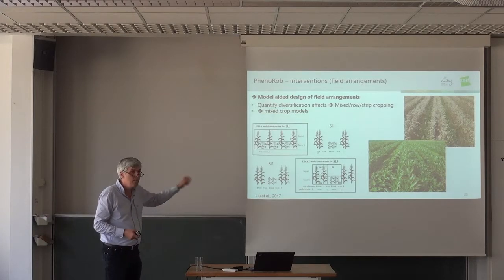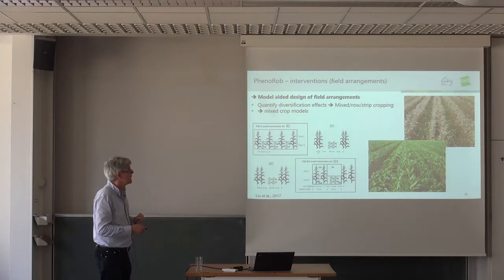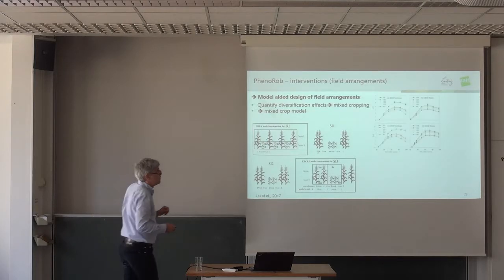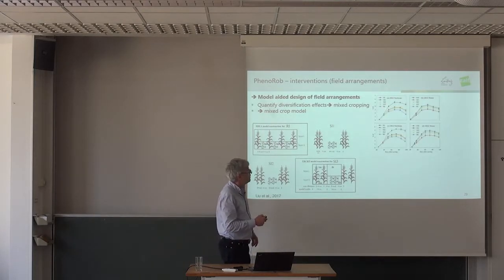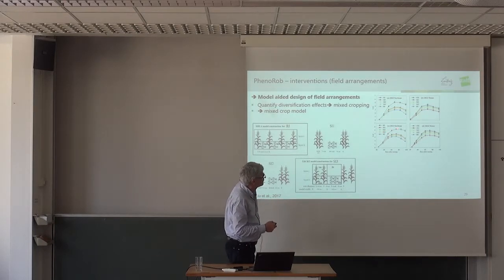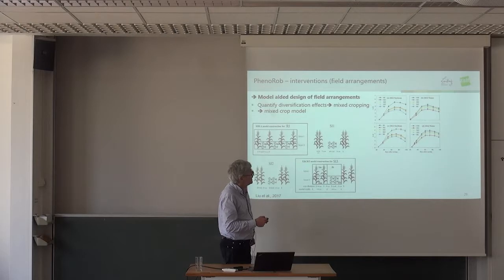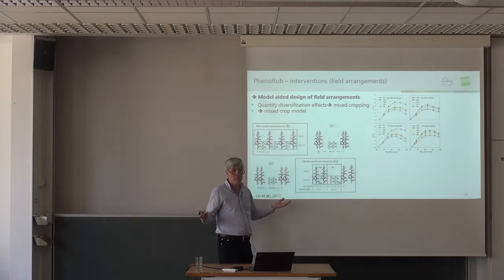And models can be very helpful in phenotyping that. You get information, for instance, with respect to leaf area index, on how your sole soybean crop performs as compared to the combinations in 2 years. And this should be 2014. And your maize crop, again, in these 2 years: the differences between the sole maize and the combination are relatively small for leaf area index because the plants are just larger.